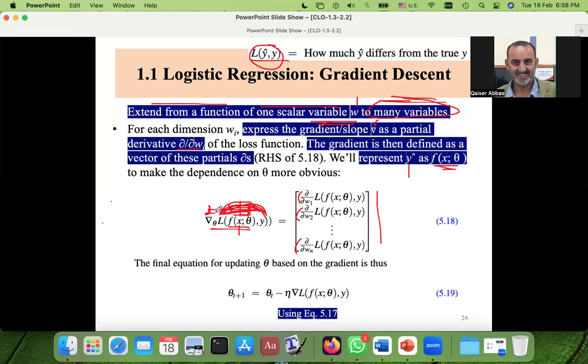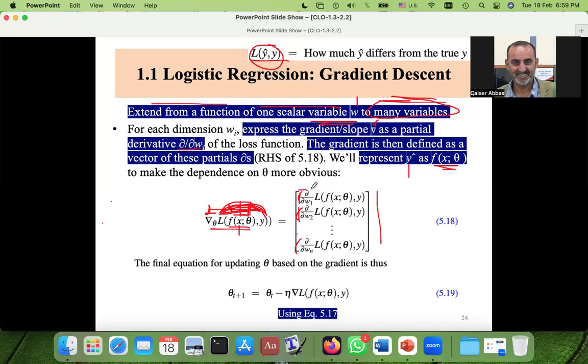But this gradient is a derivative, or I am using another word, bigger derivative, for understanding. Or I can use the word gradient theta. It will have partial derivatives in it. And how can we represent it? Like that on the right hand side.